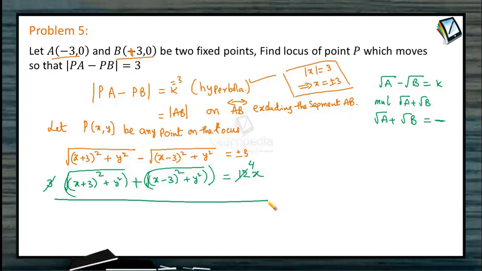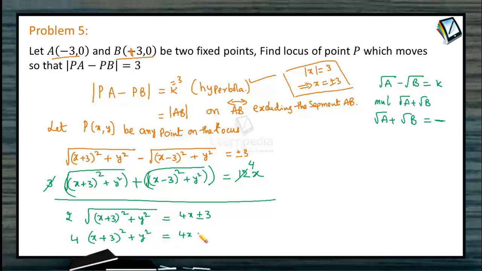Now when I add these both relations, I get 2 times root of (x + 3)² + y² is equal to 4x plus or minus 3. Now when I square on both sides, I get 4 into [(x + 3)² + y²] is equal to (4x ± 3)².